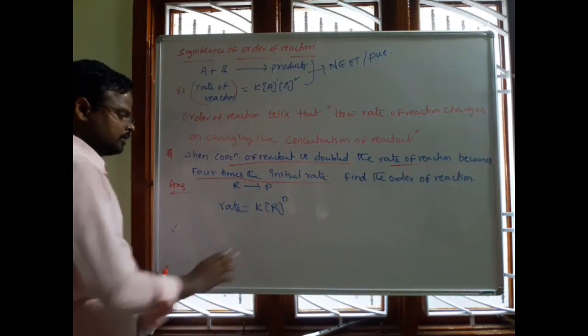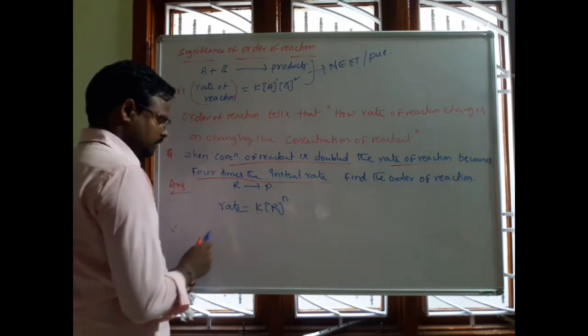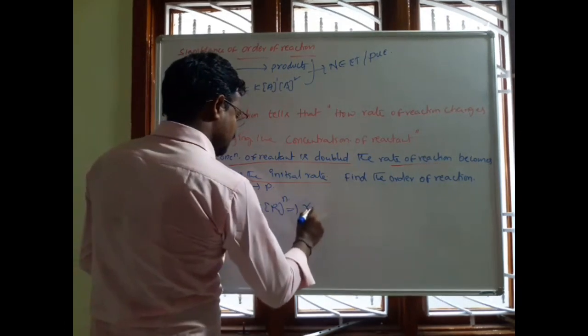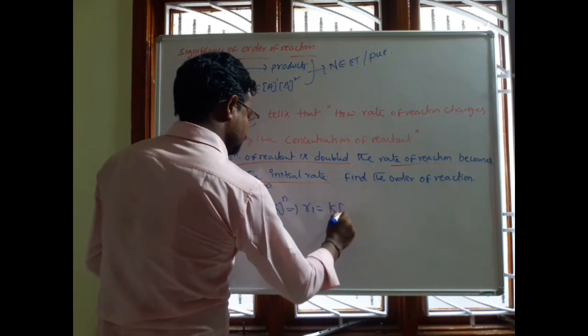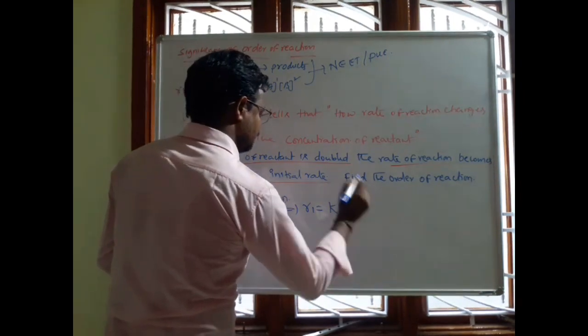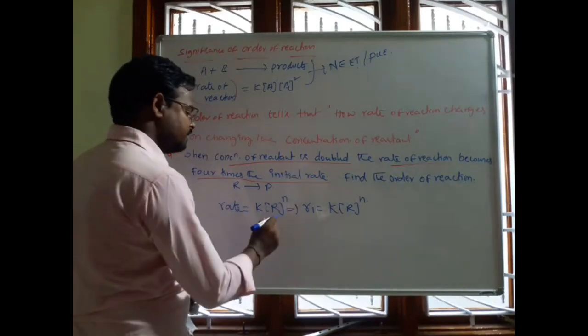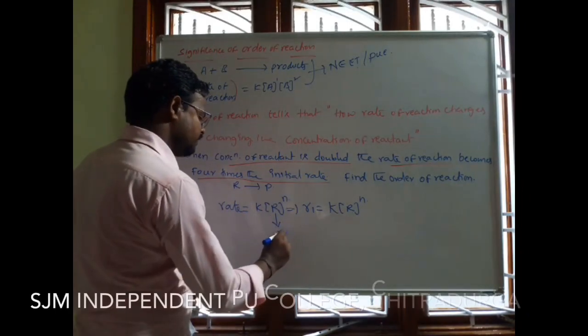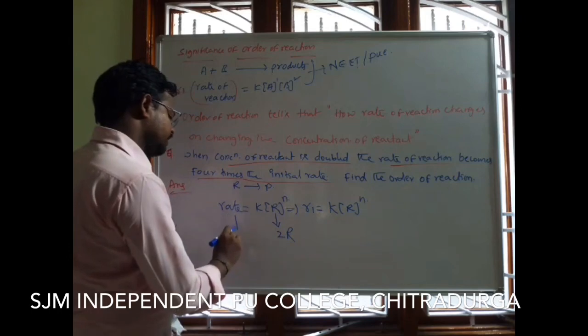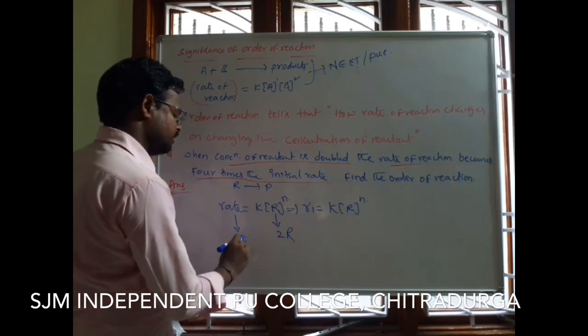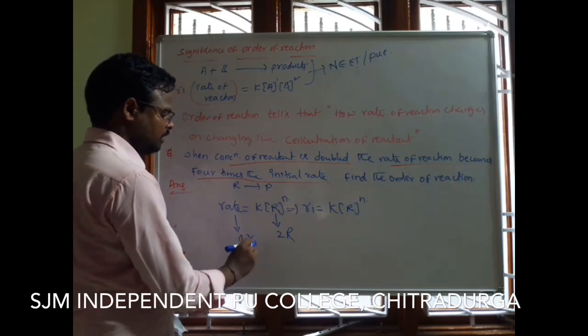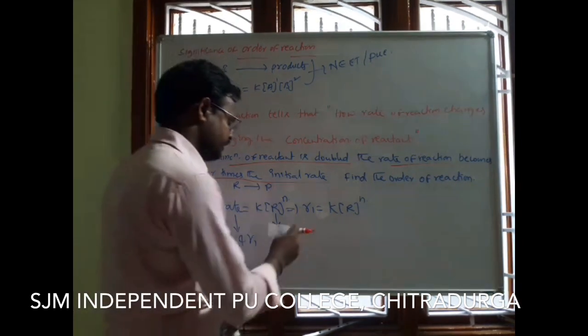So take equation 1 as R1 equals K into concentration of R power N. When the concentration of reactant is doubled, that is 2R, the rate becomes 4 R1.